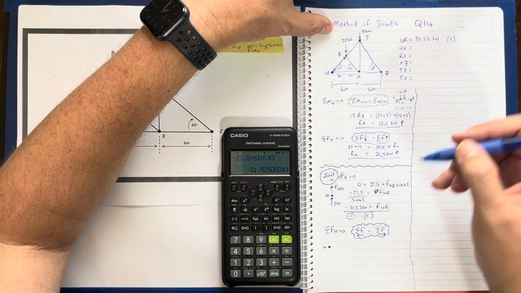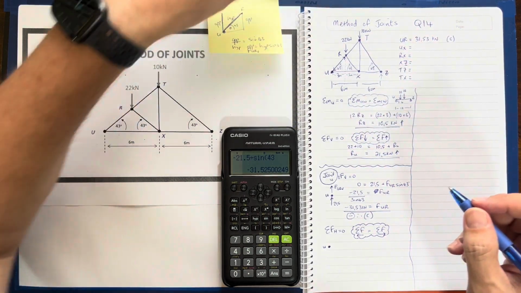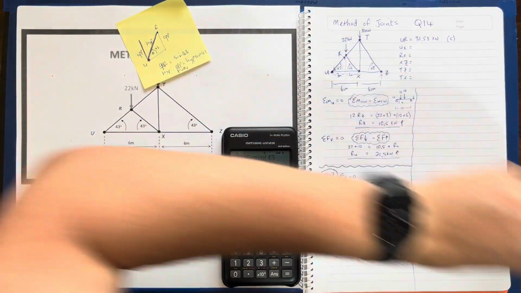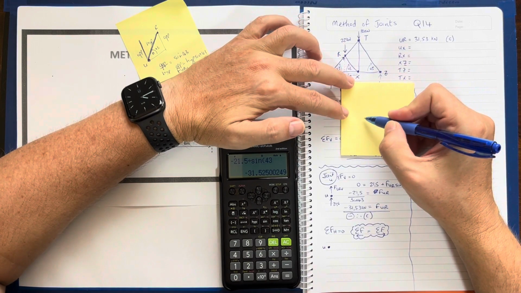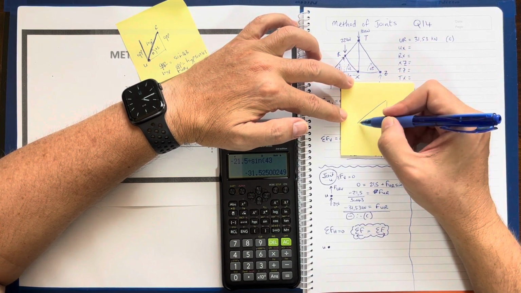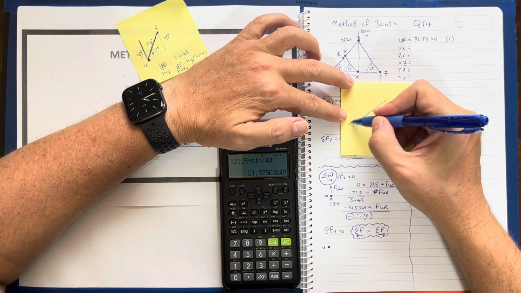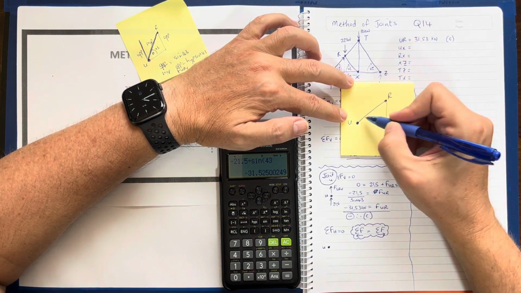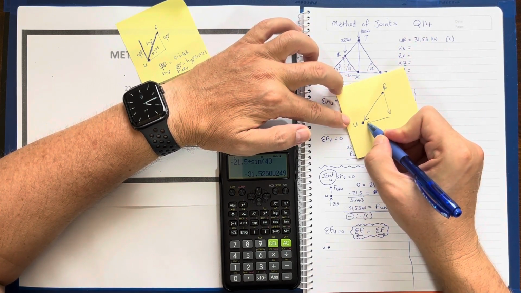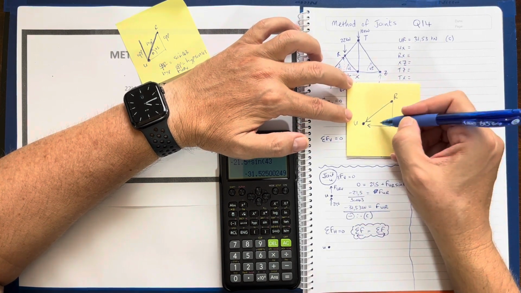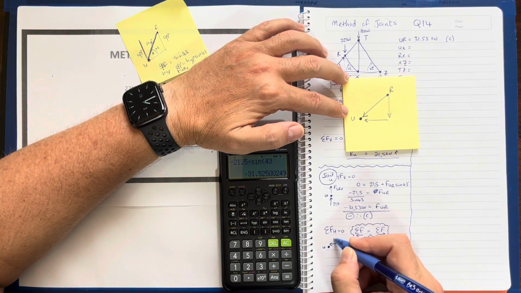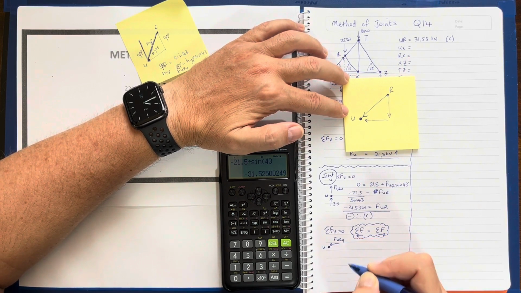So also, not only do I have a force which I found out is traveling in that direction, because I found out that UR is actually in compression, so technically it's going like that, I have a force that is traveling at this joint in that direction, a horizontal force. So what I have is I have a force traveling into that joint, which is my force UR horizontal.